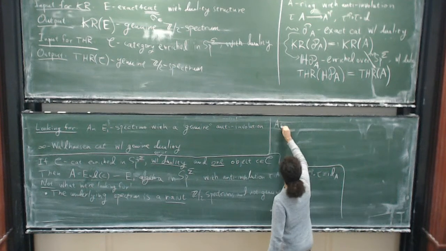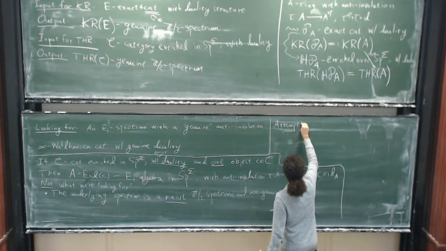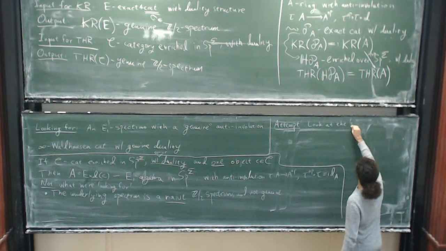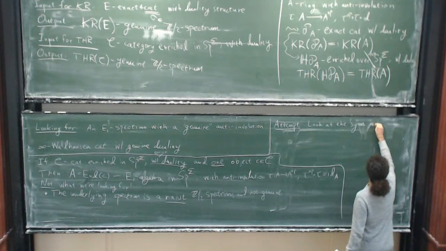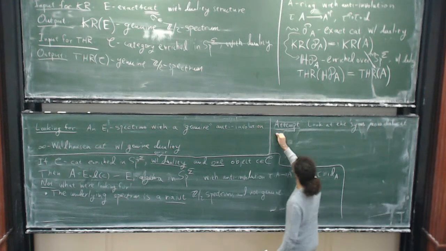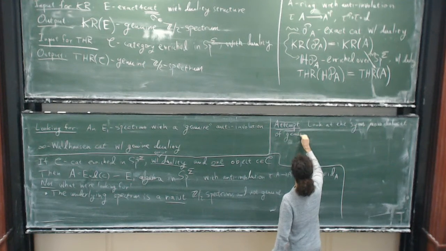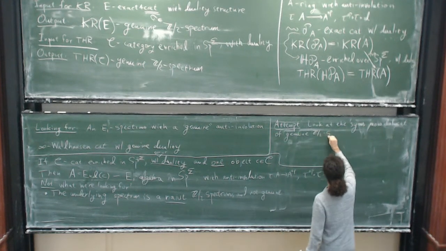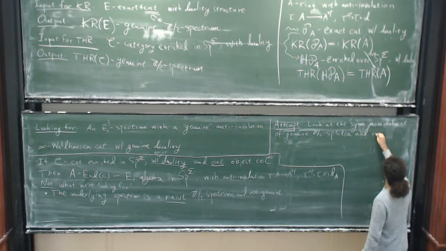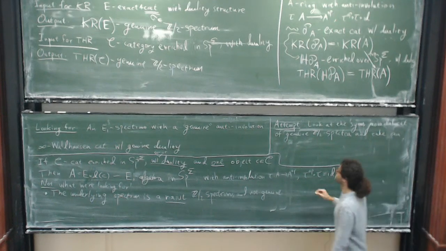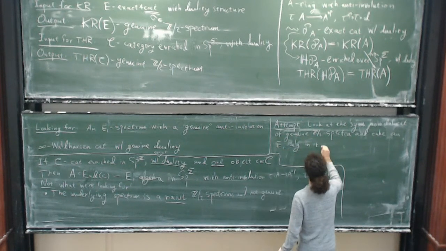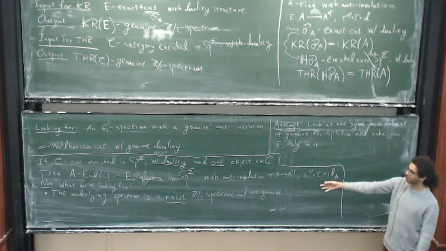So, attempt: look at the symmetric monoidal category of genuine Z mod 2 spectra and take an E1 algebra in it.